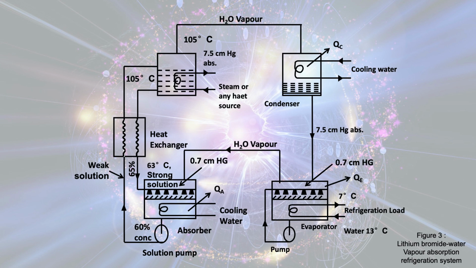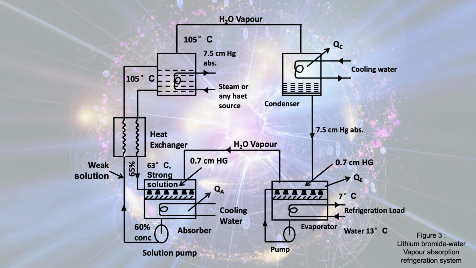and the heat is given out from the refrigerant to the outside, that is QC. That water passes through the expansion device, and its temperature drops down. That low temperature water vapor mixture passes through the evaporator and takes heat from the confined space. After that, it enters into the absorber, and lithium bromide absorbs water and becomes rich in refrigerant.